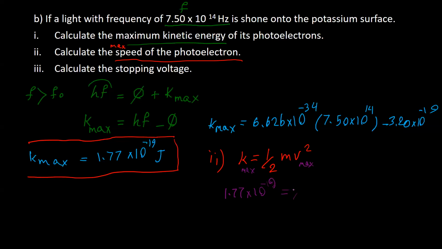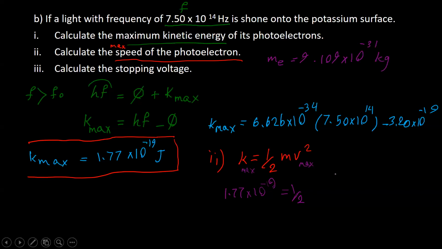equal to half, and here something that's moving is electrons. So we need the mass of electron, that usually is given to you. You don't need to be worried about the mass of electron. That is equal to 9.109 times 10 to the power of minus 31 kilogram.